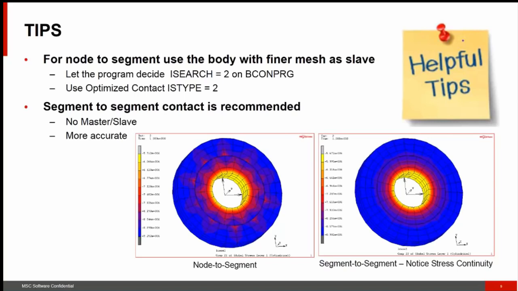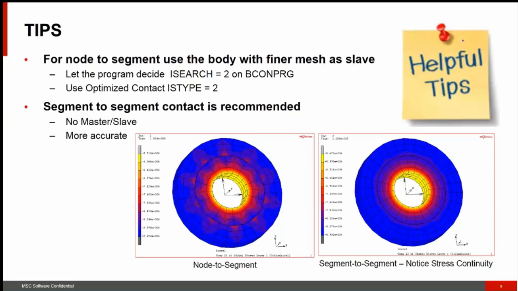So these may work for some examples if you don't know which body has finer or which body has coarser mesh. But in general, if you decide to switch to segment to segment, you don't have to deal with the master and slave methodology anymore. So while both methods are very accurate and can give you good solutions, the node to segment technique relies on a discrete numerical method, while the segment to segment uses the continuous approach.